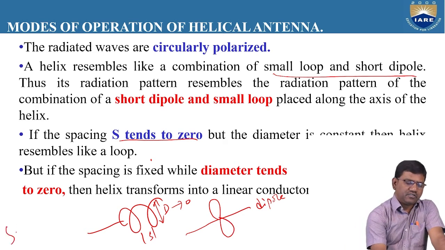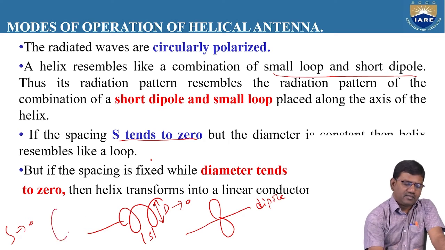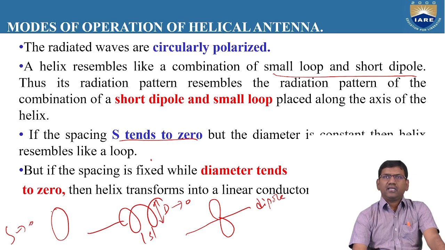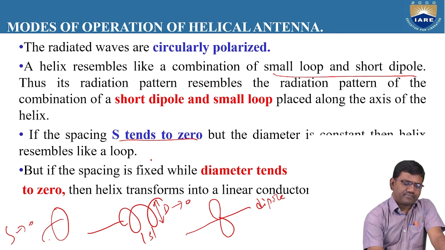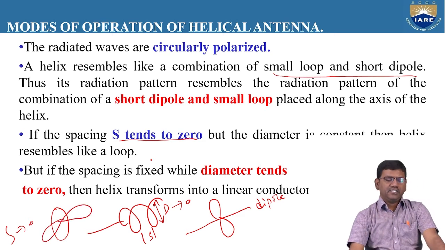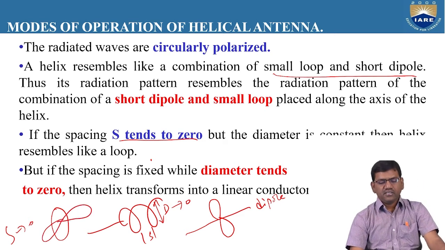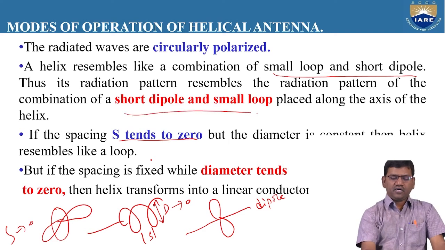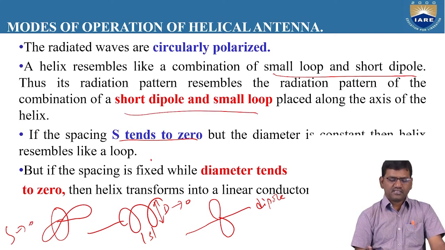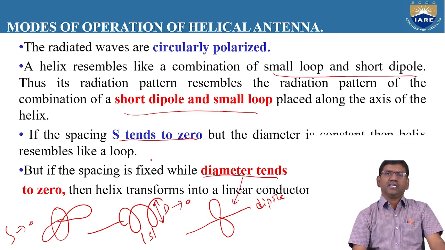And if S tends to 0, the helical antenna will be modified to a loop antenna, right? And its radiation pattern is also bidirectional. So here you can observe it is a combination of a short dipole and a small loop placed along the axis. It means that when the diameter tends to 0, the helical antenna will become a linear conductor.